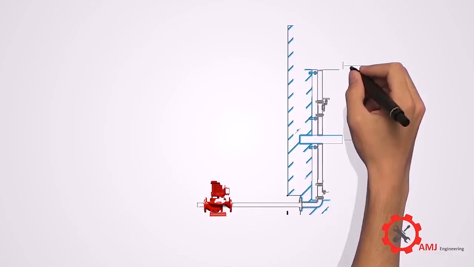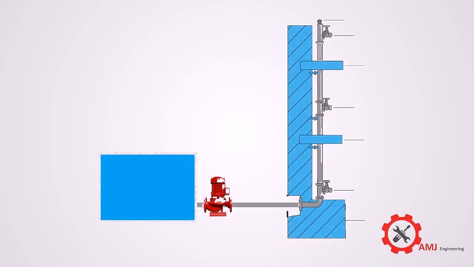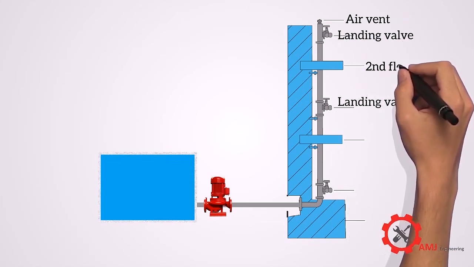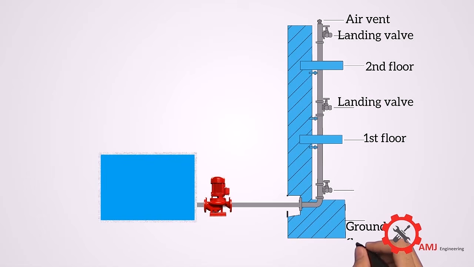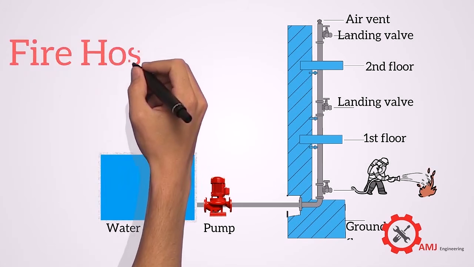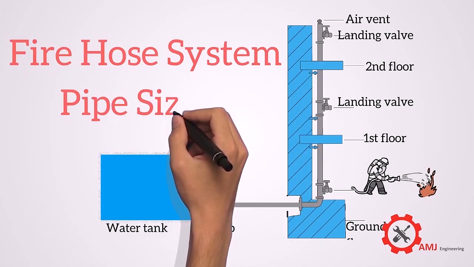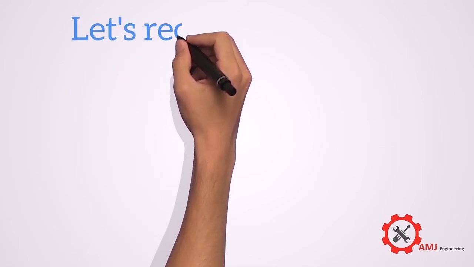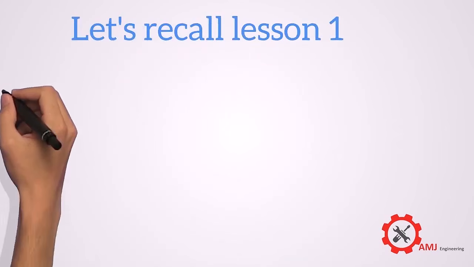In this lesson, we are going to learn how to size the pipe network of a standpipe or fire hose system. Here you can see a typical wet standpipe system. Before we start, let's recall two important theories we learned in Lesson 1.